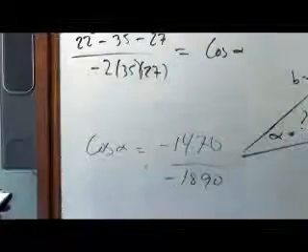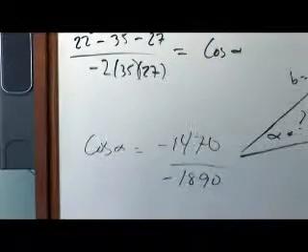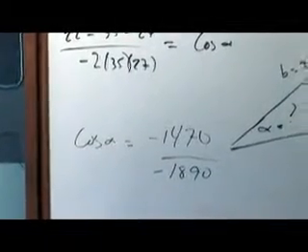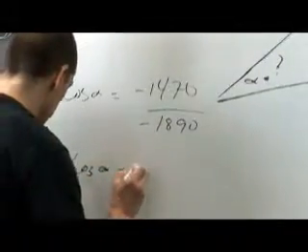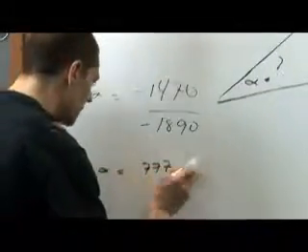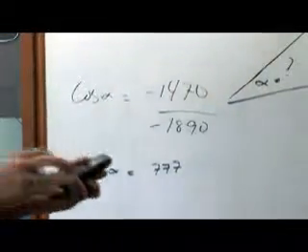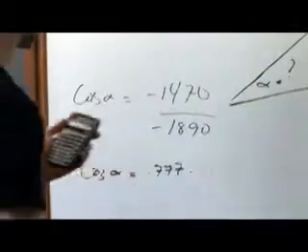Now I'm going to do this division. 70, invert it. So I have my own techniques I picked up with this. So I get cosine of alpha is equal to 0.777 and so on. All right, so 0.7 repeating. That means, and I'm in degrees, I hit arccos, and it's 38.